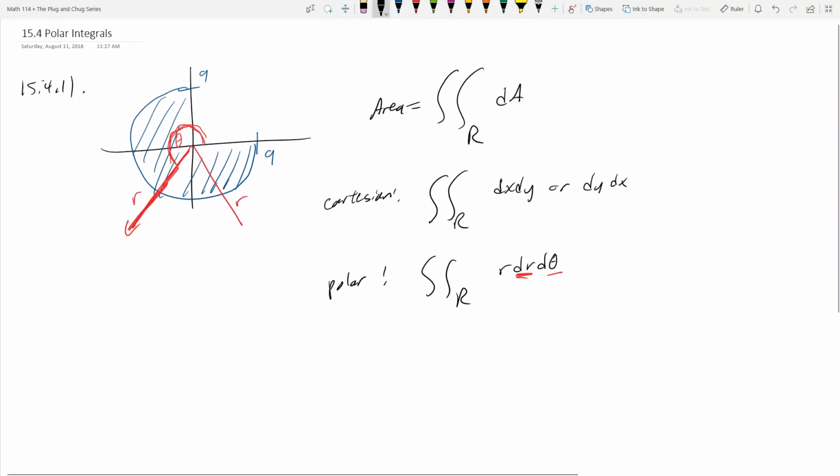And how do we set up our limits? In this problem, it's going to be some double integral of r dr d theta, since we're setting up polar integrals. And what is r? If we look at r in our region, we start at the origin, which is inside the region, and then we keep going until we hit the circle. And what is that circle?